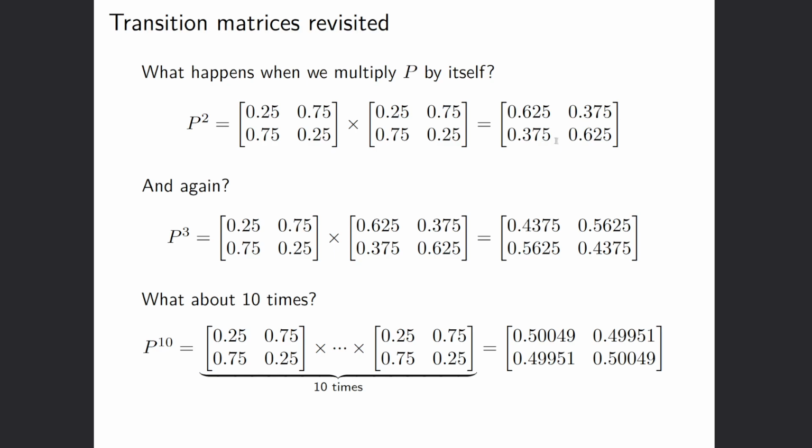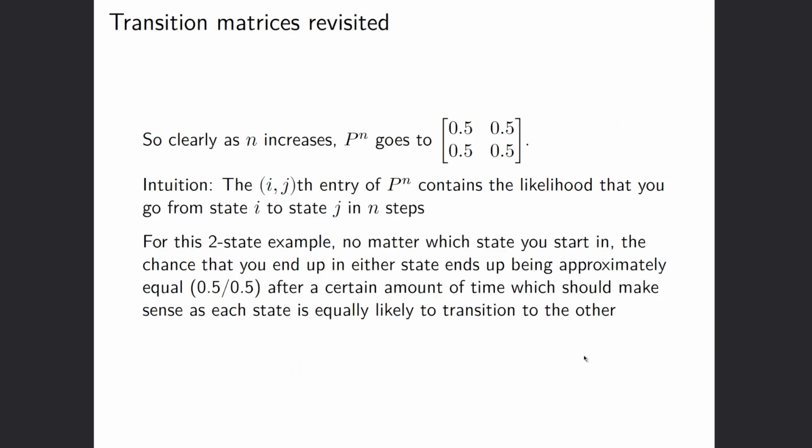P squared, when you multiply this matrix by itself, we get this matrix. Note it's still symmetric, and it looks like all the numbers are getting closer to each other. Again, they're definitely getting closer to each other, and again and again. Eventually we're getting very close to 0.5 in all of the entries. So clearly as n increases, P to the n goes to 0.5, 0.5, 0.5, 0.5.